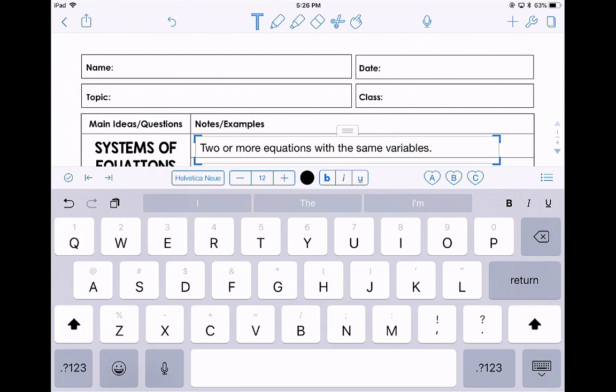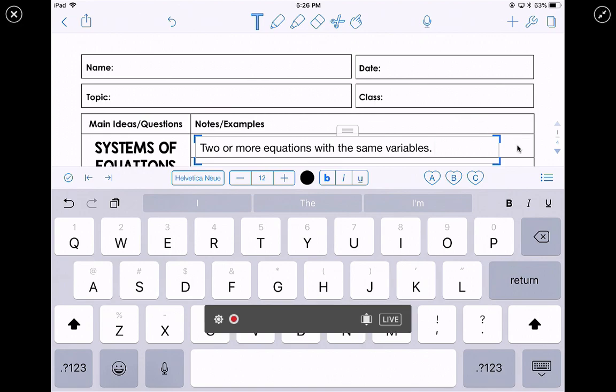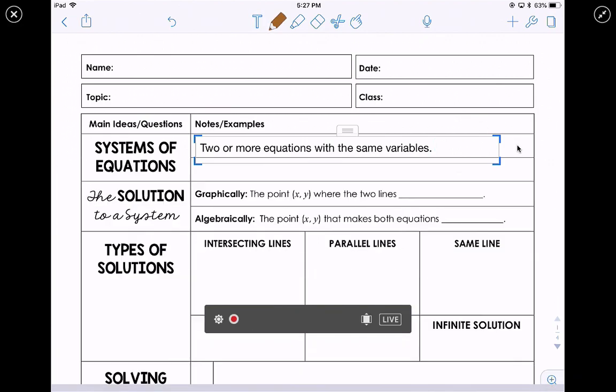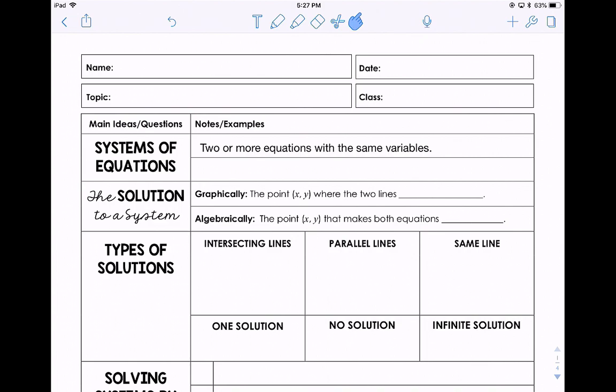So they definitely have to have the same variables. It can't be like one equation with an x and a y and another equation with an a and a b. So whatever your variables are, you want those to be the same to be able to graph those. So two or more equations with the same variables.